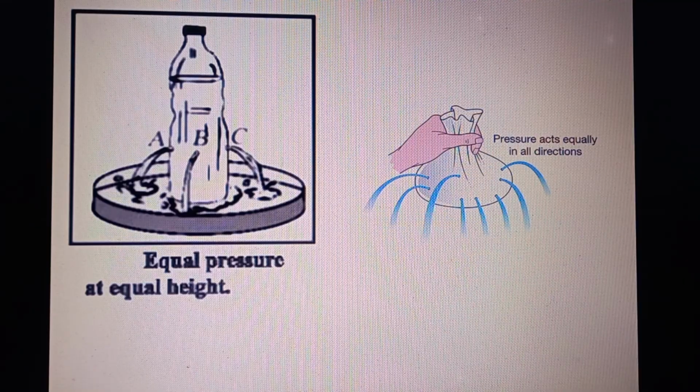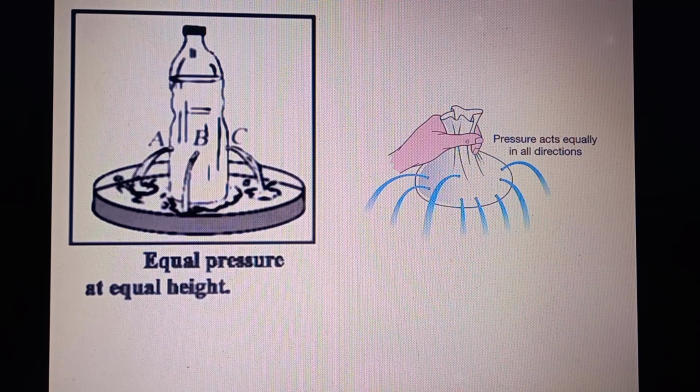What if we have equal pressure at equal height? So what are we going to expect? We have the same or equal holes with a vertical position. So as you've noticed, the pressure acts equally in all directions.